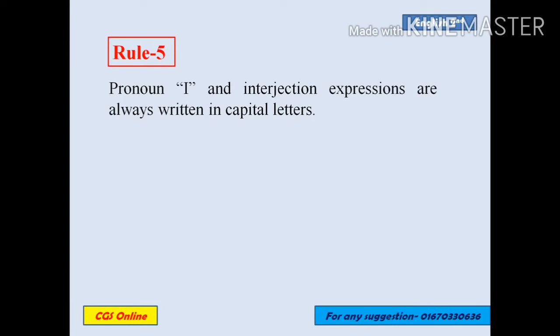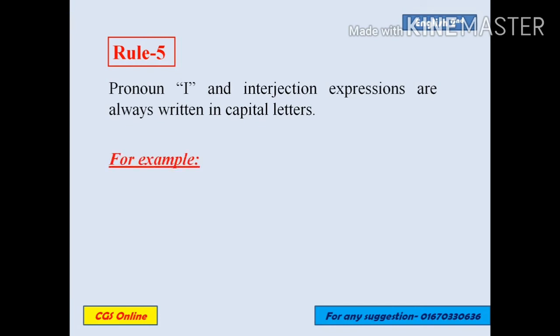Remember, the pronoun I should always be written in capital form, and interjection expressions like wow, hooray, bravo. These expressions are called interjection expressions, and they should be written in capital letters at the beginning.